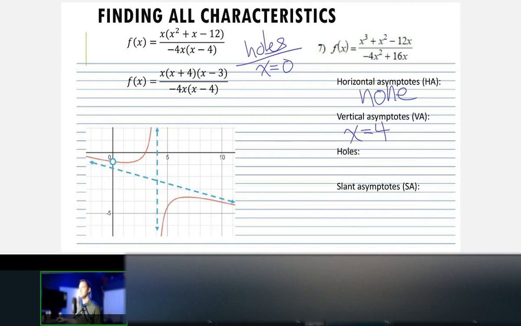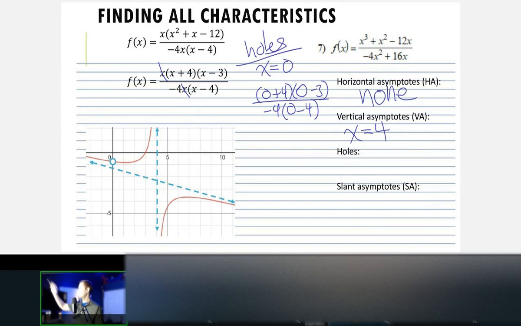So then what we're going to do is look at this reduced, remember, x and x cancel out. So you're going to plug in 0 into all of the x's that remain. So on top we're going to have 0 plus 4 times 0 minus 3, all over -4 times 0 minus 4, right?